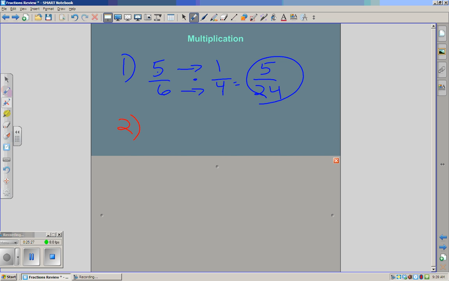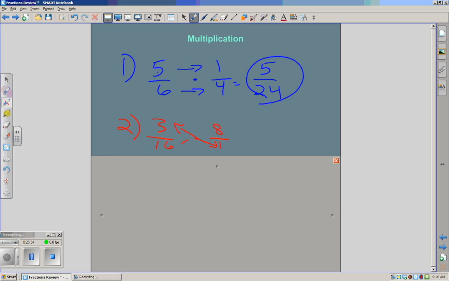Another one. Now, I would like to teach you a trick. So if I have the problem 3/16 times 8 over 1, this is called cross reduction. If you master cross reduction, your life becomes extremely simple and you do not have to reduce hardly at all. So when I cross reduce, I look at the fractions across from each other.